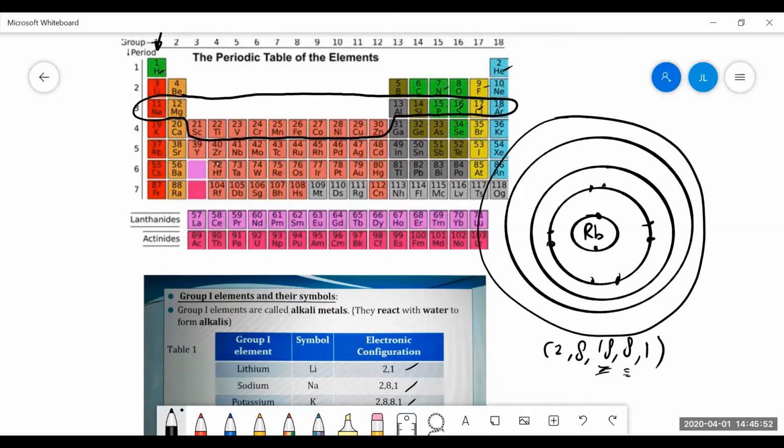Although it is located at the fourth period, it just happened that at the fourth shell, when you have 2 electrons, the next electron will start filling the third shell again.